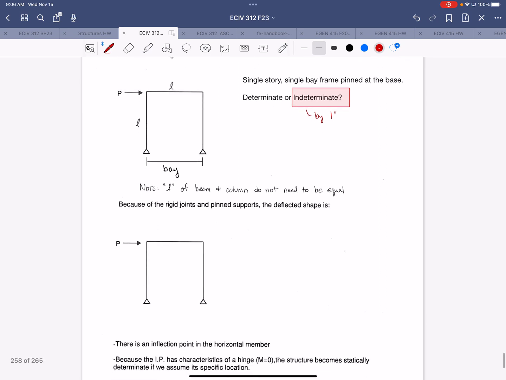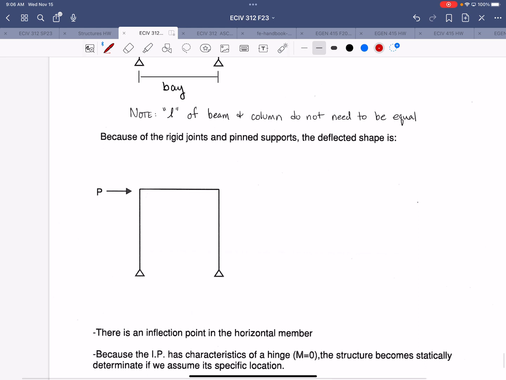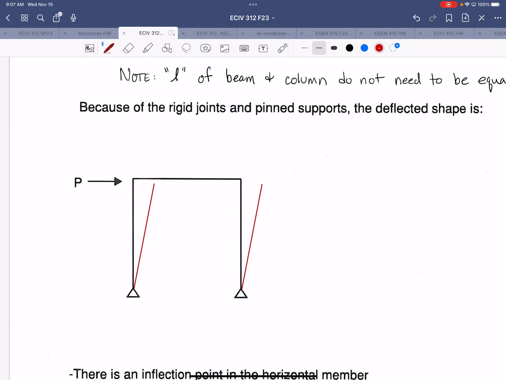So we're going to take a similar approach for the frame. We will consider a lateral load applied at the top of this frame. What will be the deflected shape? Since it's pinned at the base, those columns can rotate, so they'll lean in the direction of the applied load. And because we have rigid joints between the beams and the columns, remember those rigid joints have to maintain 90 degrees, although the joint itself can rotate.